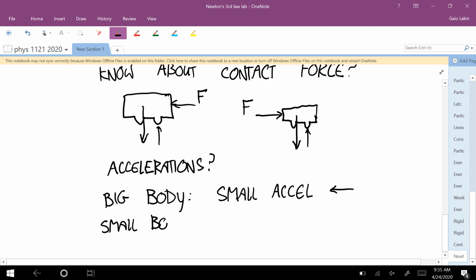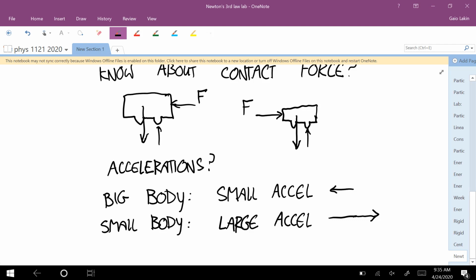And the small body has a large acceleration in the direction of its contact force. Okay, so that's the idea for this lab. Every question, think on every question about how this idea fits into the question, because it's going to come up over and over again.